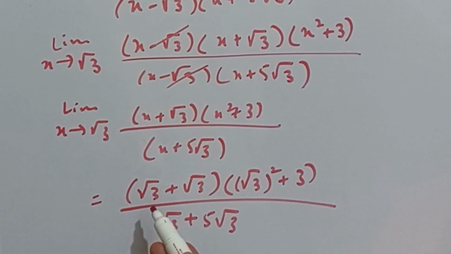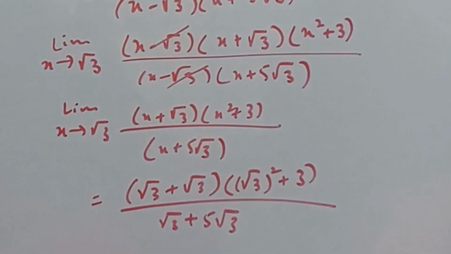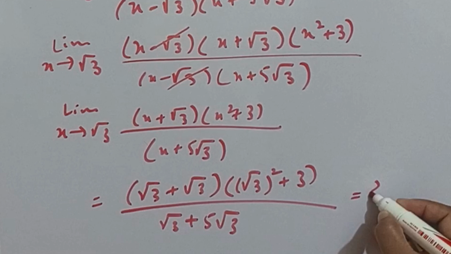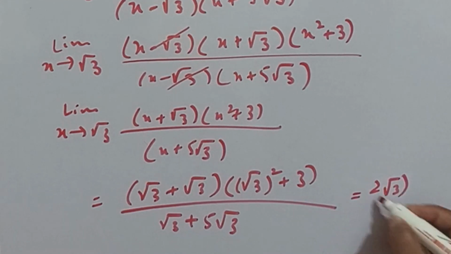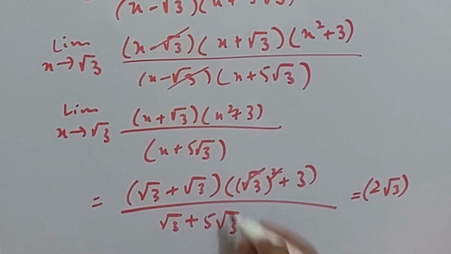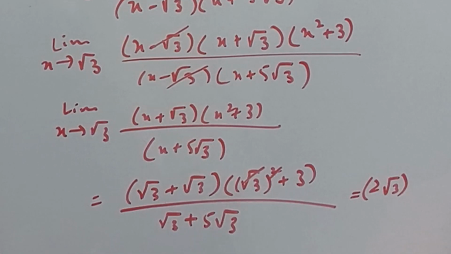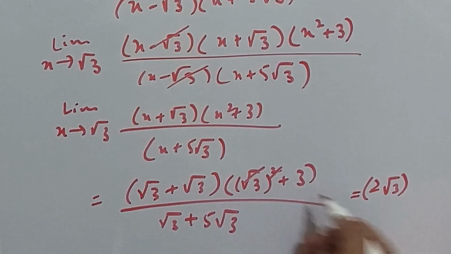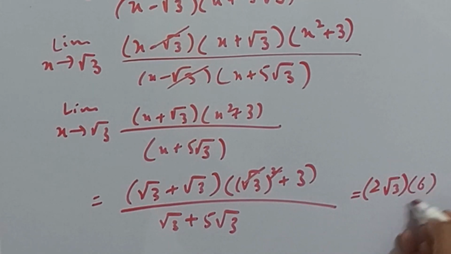Now square root 3 plus square root 3 becomes 2 times square root 3. The square and square root cancel, we just get 3, and the next value is also 3. So we add these two values and get 6.